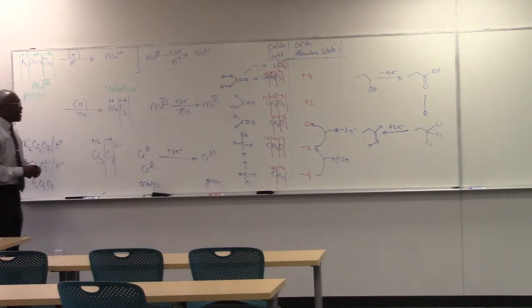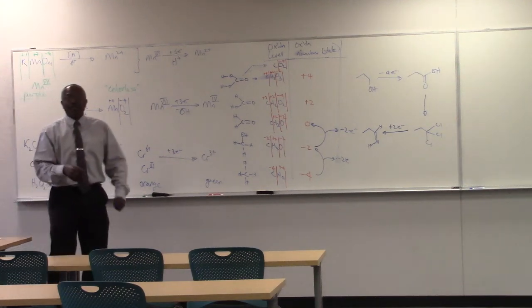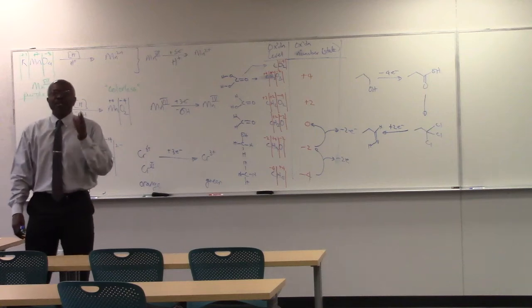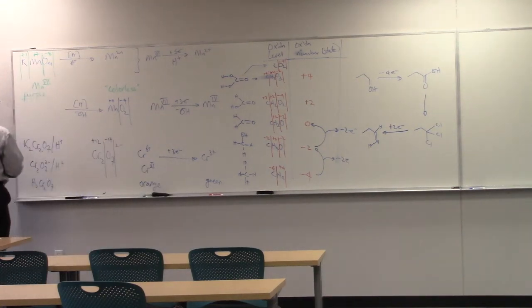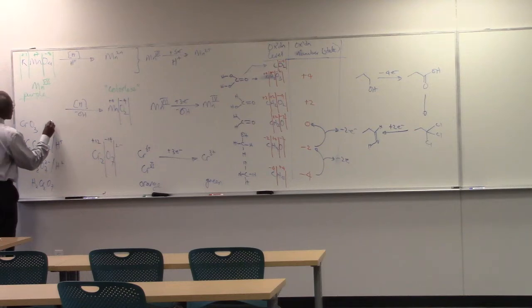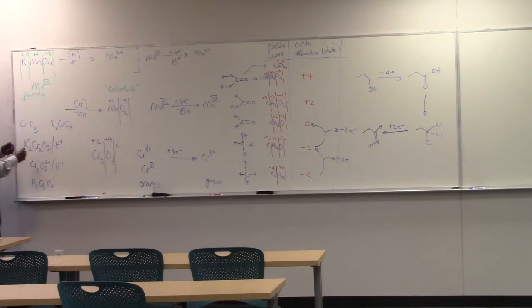So what I see when I carry out oxidations using dichromate, or any version of chromium 6, because you can get chromium 6 either with dichromate or with CrO3, right? Or with K2CrO4.